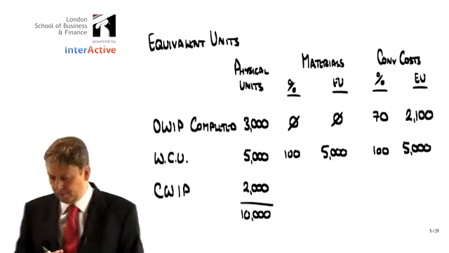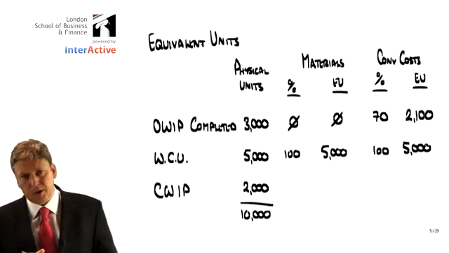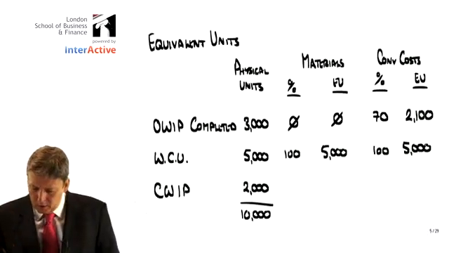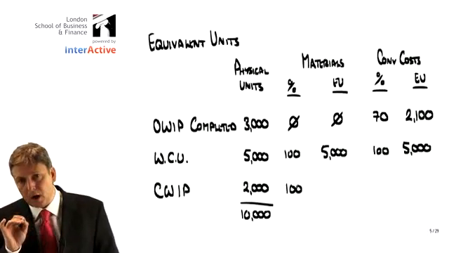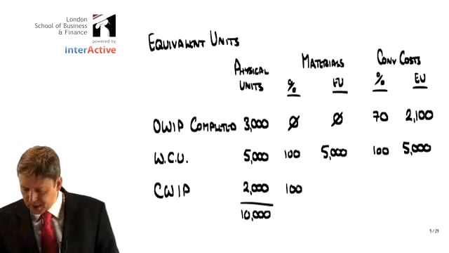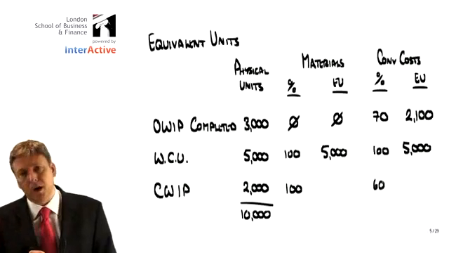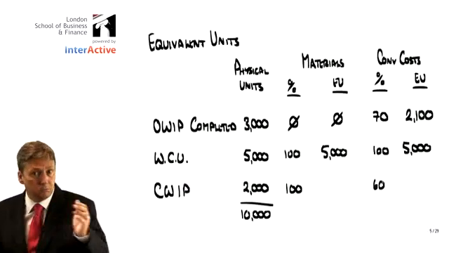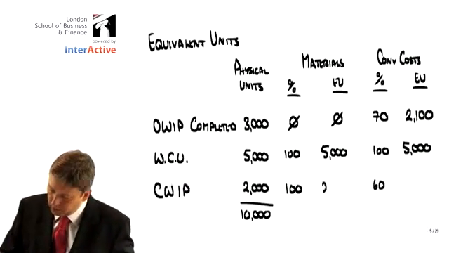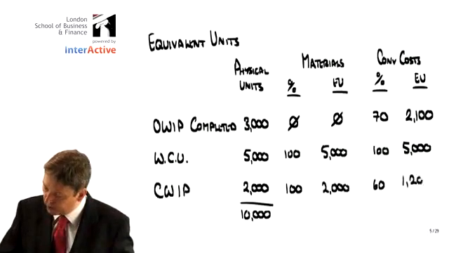Finally, we have our CWIP. When we look at CWIP, we know that by the end of the period it was 100% complete with regard to material and 60% complete with regard to conversion costs. That's all the same as it was before. 2,000 equivalent units and 1,200 equivalent units.